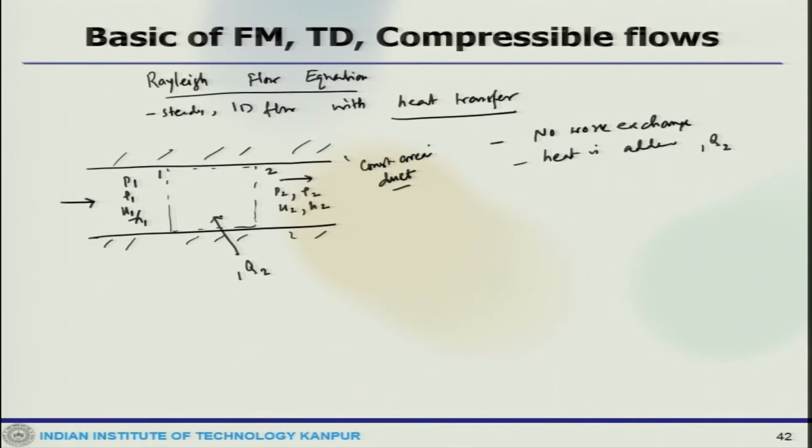So, we write down the governing equations. First we write down the continuity equation. Again this is a constant area duct, one dimensional flow, so m dot by A is rho 1 U1, and we can write m dot is rho 1 U1 equals rho 2 U2.